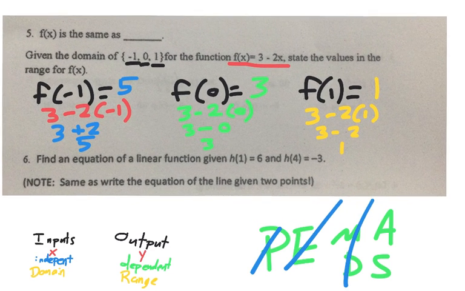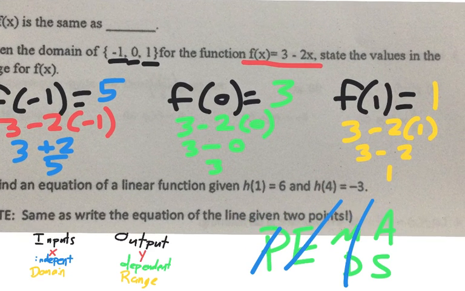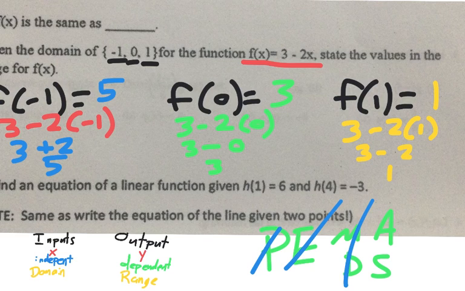So now here's the answer to the question. The question is, what's the range? Whenever we talk about range, we have to do it a little fancier. If I want the range, I need to put a brace. Then we put the range in order from the smallest to the largest value. So what was the smallest output I got?